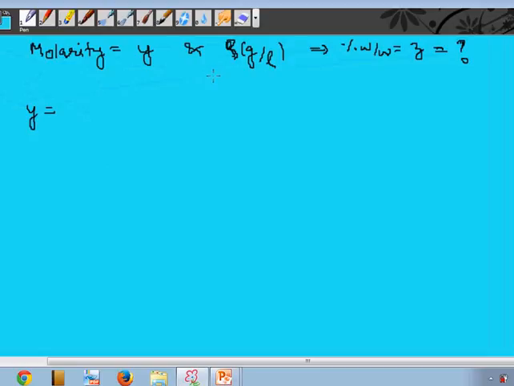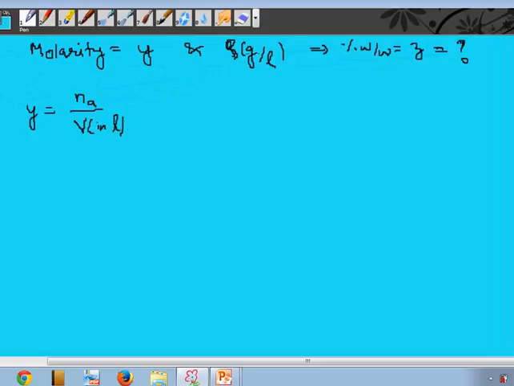Let's say our solute is A and solvent is B. So molarity Y will be moles of solute Na divided by volume of solution, that is V in liter.